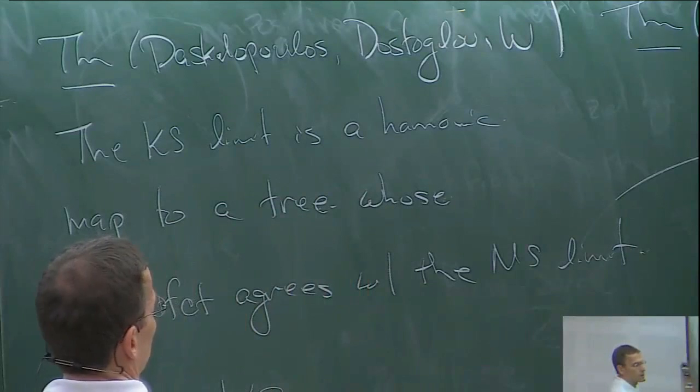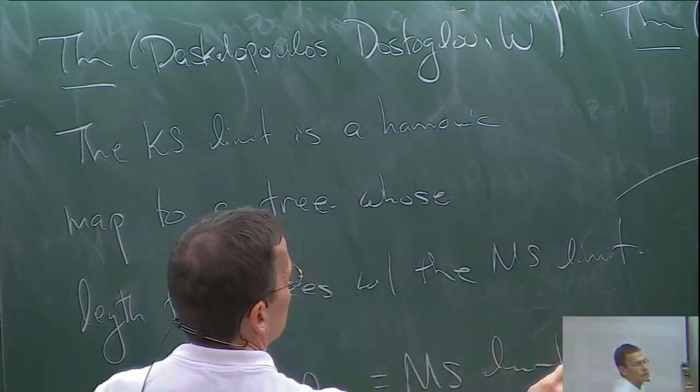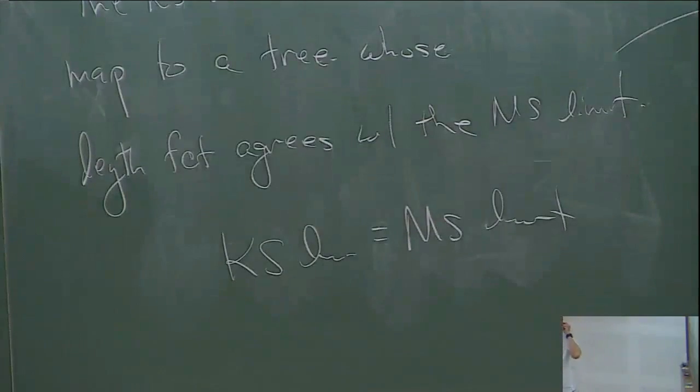So i.e. the KS limit is the same as the Morgan-Shalen limit. There's a slight subtlety here because the length function doesn't completely determine the tree always. But modulo that little caveat, the minimal trees are actually isomorphic.